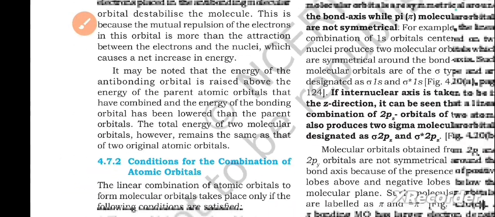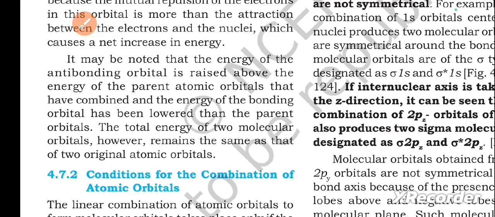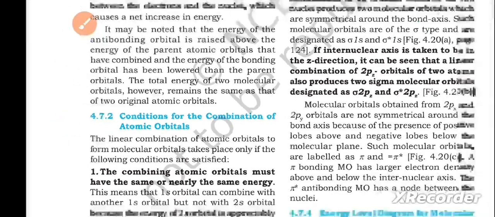It may be noted that the energy of the anti-bonding orbital is raised above the energy of the parent atomic orbitals that have combined, and the energy of the bonding orbital has been lowered than the parent orbitals. The total energy of the two molecular orbitals, however, remains the same as that of the two original atomic orbitals.